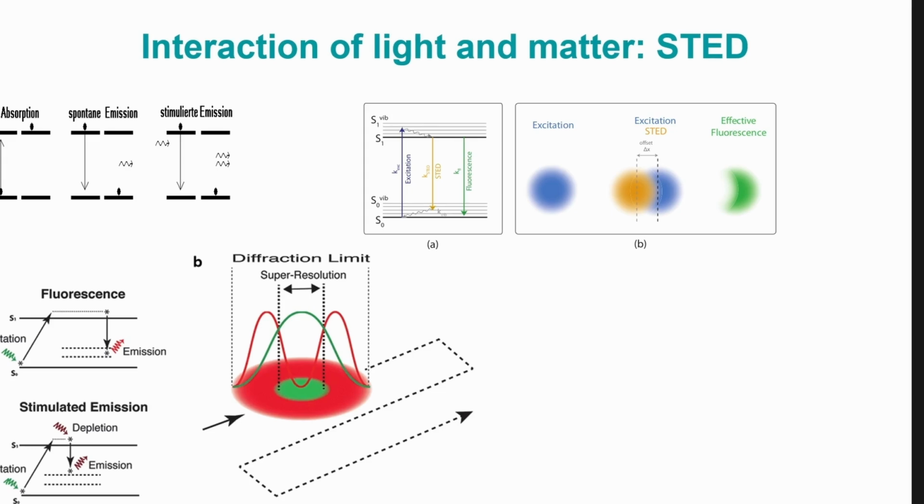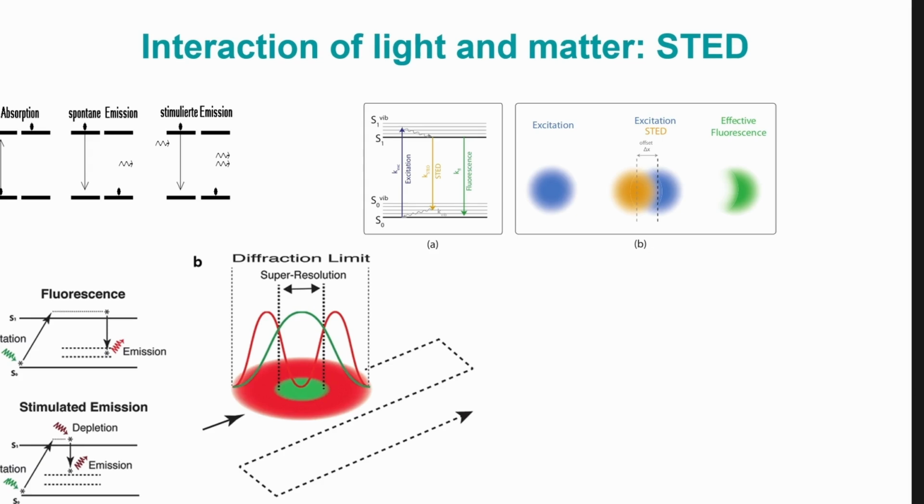Now, small energy gap means less energy, lower frequency of the photon, higher wavelength. So the photon that comes out from this so-called stimulated emission is a red photon. So the energy doesn't disappear, it's preserved, but it comes in the form of a red photon. I can easily filter that out.